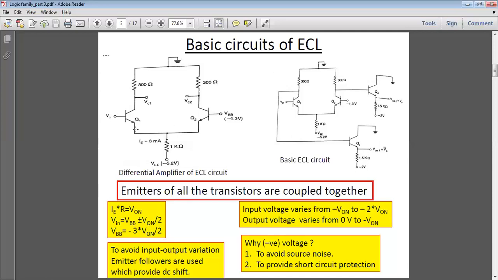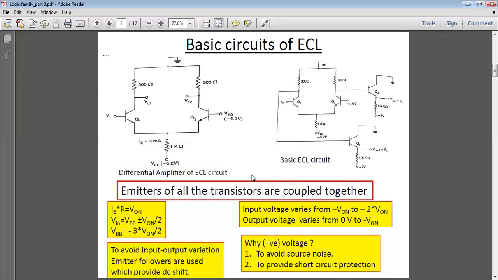In such a way the voltages are chosen so that neither transistor goes into saturation, and they will be in cutoff or in the active region. Now, the input voltage changes from minus 0.8 to minus 1.6 or 1.7, that is, from minus V1 to minus 2 V1, but the output voltage changes from 0 to minus V1. So there is a mismatch between input and output voltage levels.